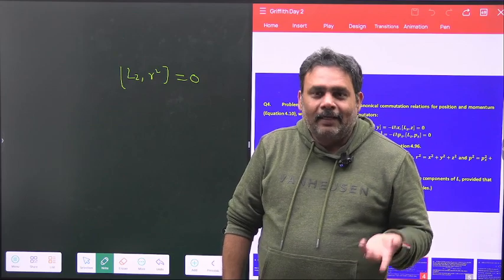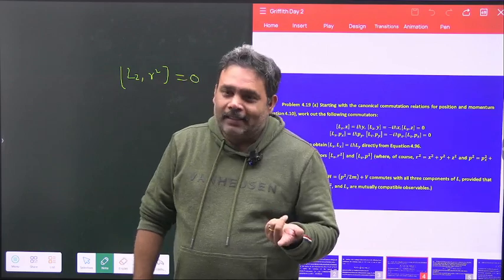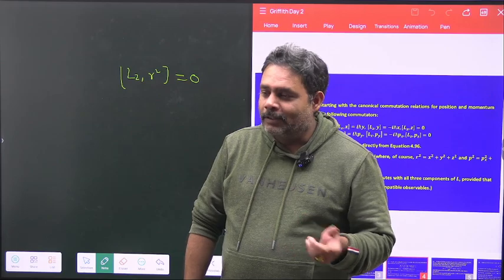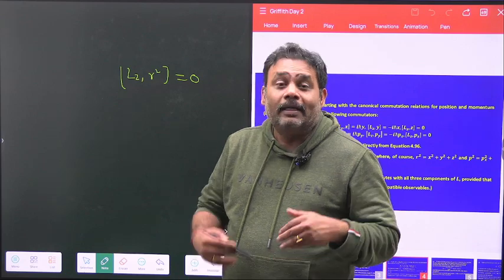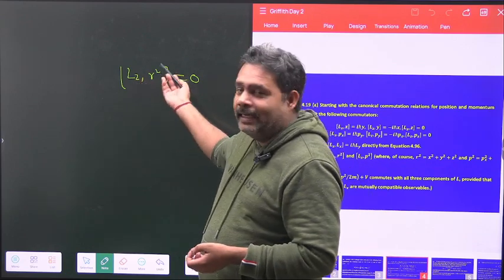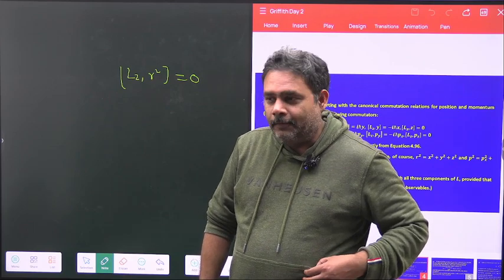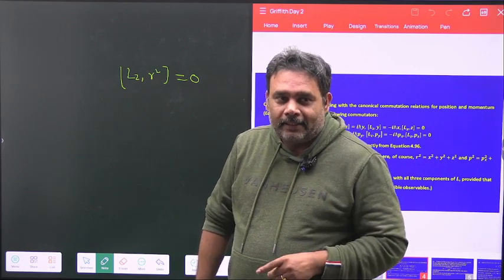Central potential, and we know that LZ component is conserved for a central potential, then it must be 0. Otherwise, you can also directly measure simultaneously LZ and R square. ये दोनों को आप एक साथ measure कर सकते हो, ठीक है? Because LZ is what? Conserved quantity. So you can measure it simultaneously.